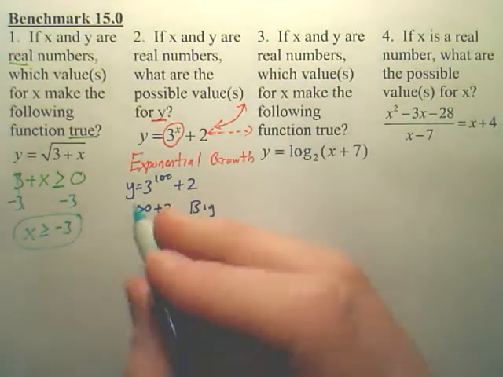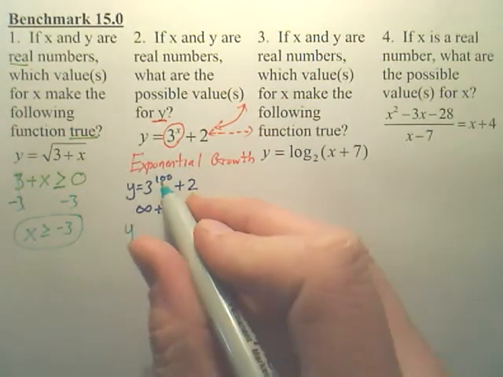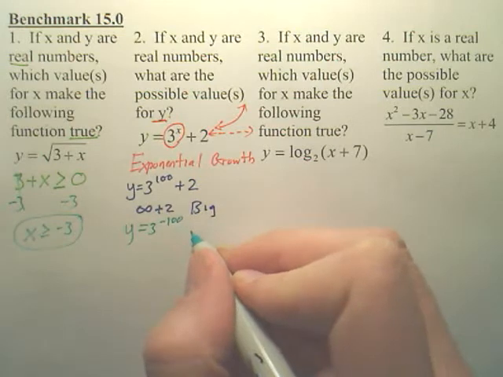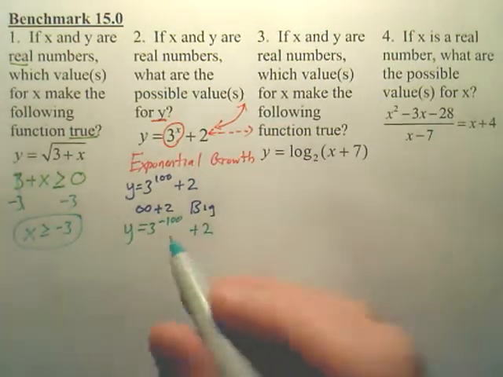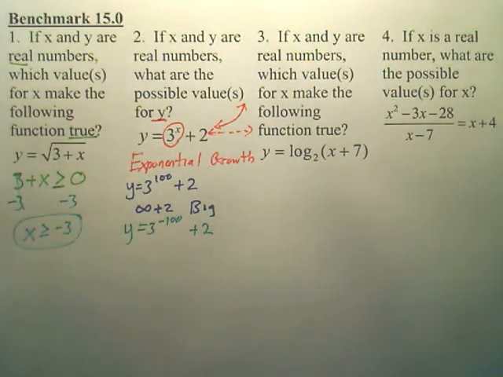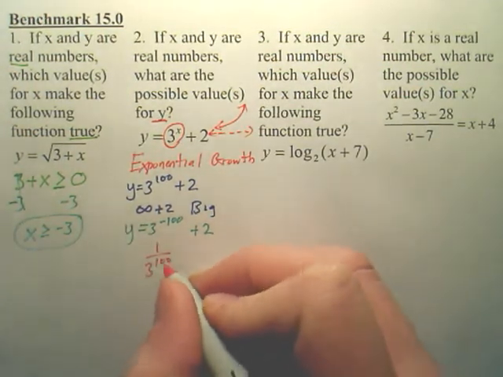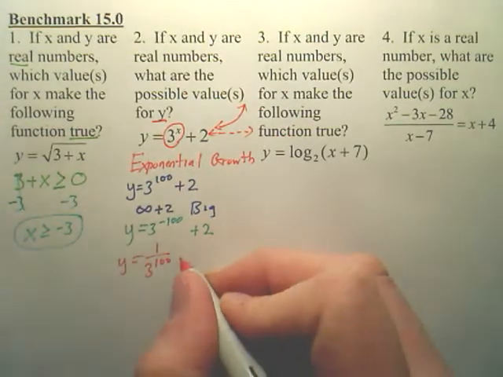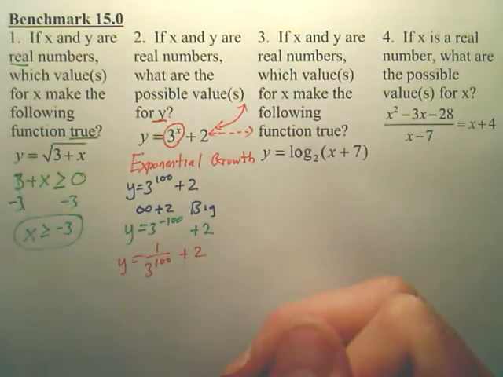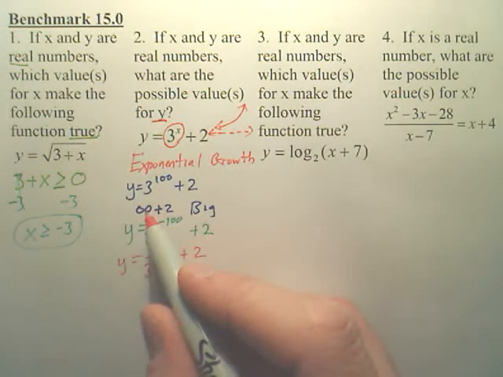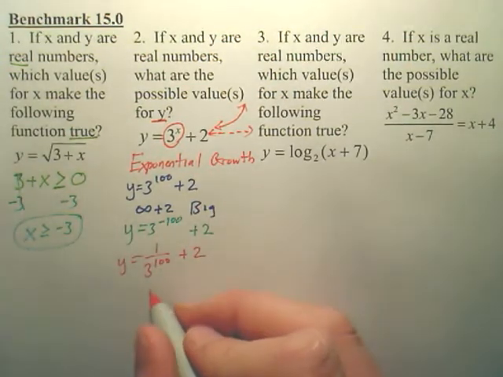But let's think the other direction. Instead of putting in a positive 100, let's put in a negative 100. When you plug in a negative, you've got to remember it flips it. Negative powers flip, so you get 1 over 3 to the 100. And 3 to the 100, as we said earlier, is practically infinity. It's just such a huge number. Let's just call it infinity for now.